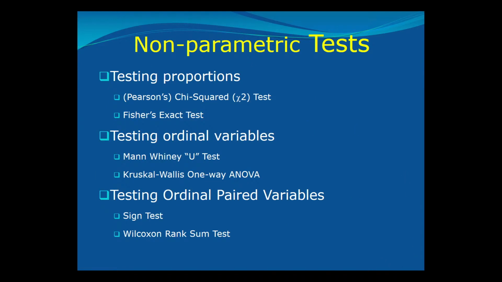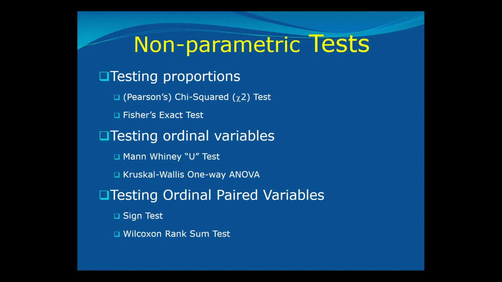Non-parametric tests. If we need to analyze variables with non-normal distribution, we should use other methods which are called non-parametric tests. For testing proportions, we can use the so-called chi-squared test or Fisher exact test.